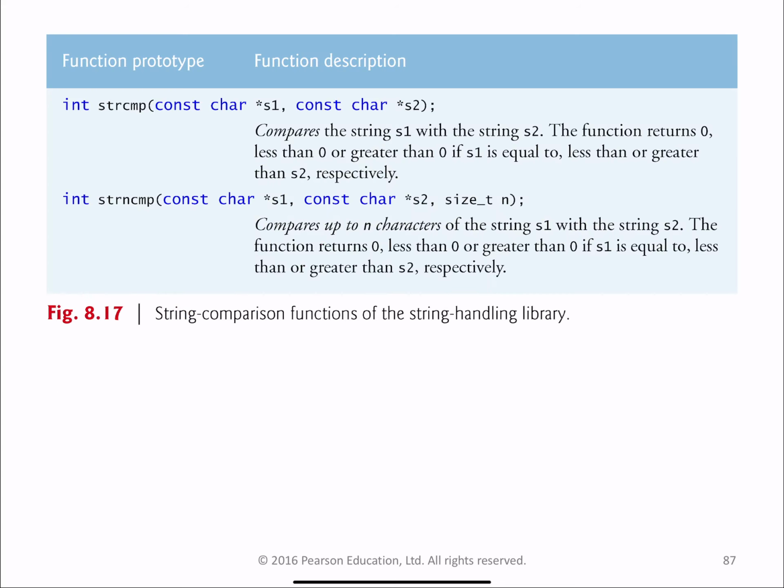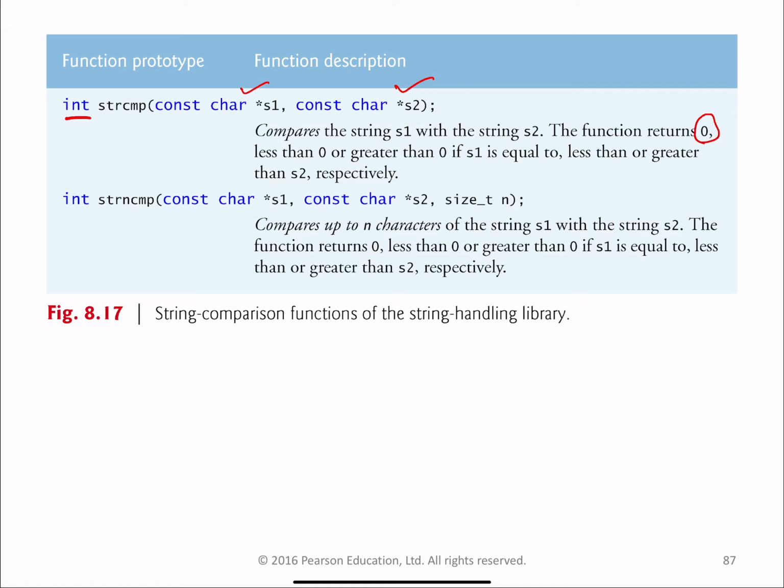So let me show you the prototypes of these two functions. strcmp takes two arguments, a string s1 and a string s2. And it compares the two strings, whether they're equal or not. If they're equal, which is usually what we're interested in, the string compare function returns an integer, which will be 0.